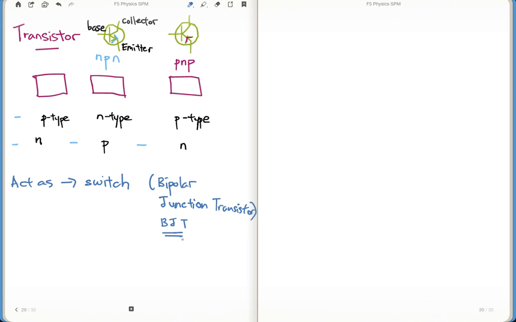Now, for simplicity, I'm going to use NPN to tell you how the switching works. NPN and PNP work oppositely: when PNP is on, NPN is off. I'm going to make use of NPN for our question.